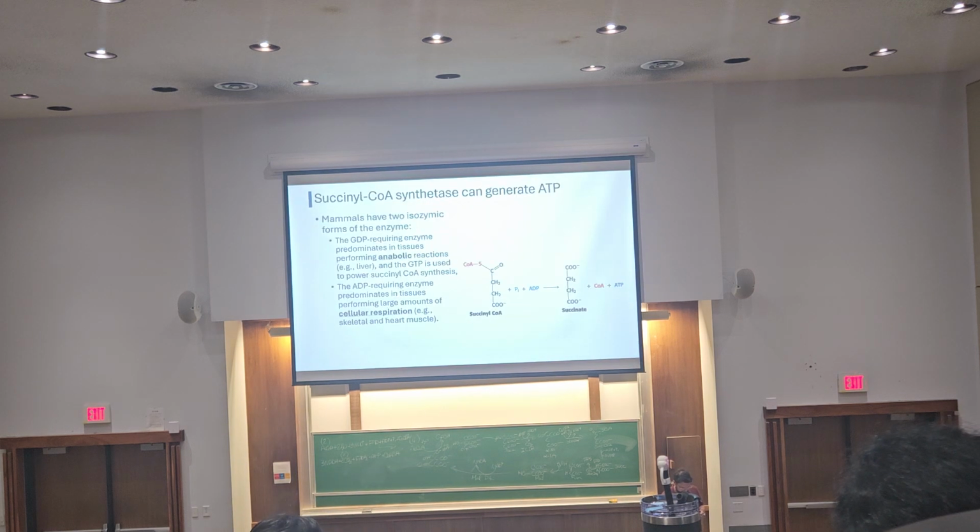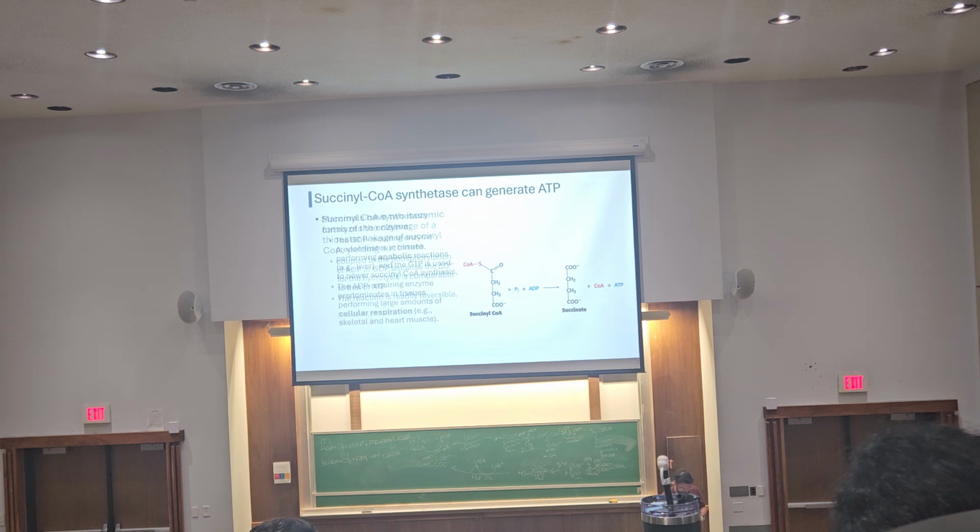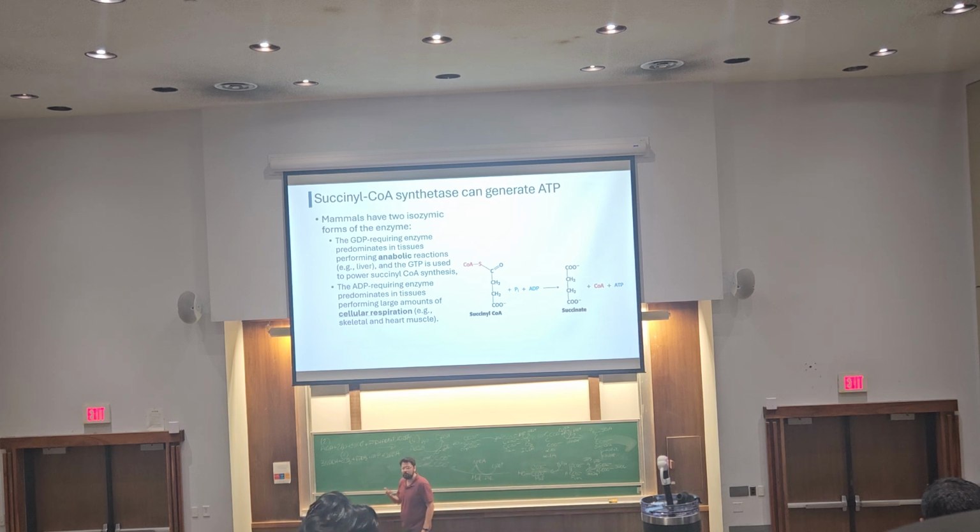Now, come back here to succinyl-CoA synthetase for just a second, right? Remember, it's irreversible, and it's this reaction here that we're talking about, the formation of succinate from succinyl-CoA. Here, there are 2 isoforms of this enzyme, succinyl-CoA synthetase. There's a liver isoform and a muscle isoform.